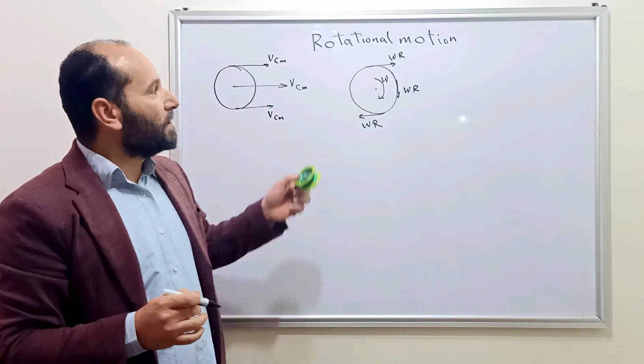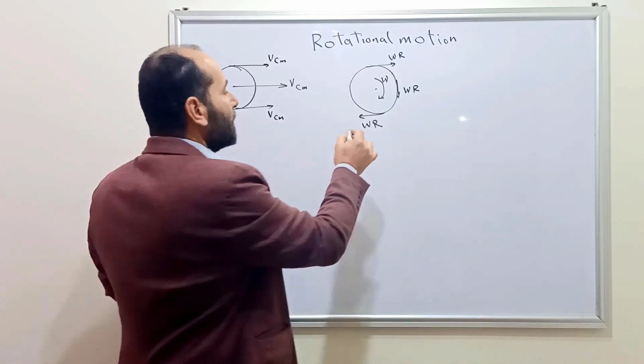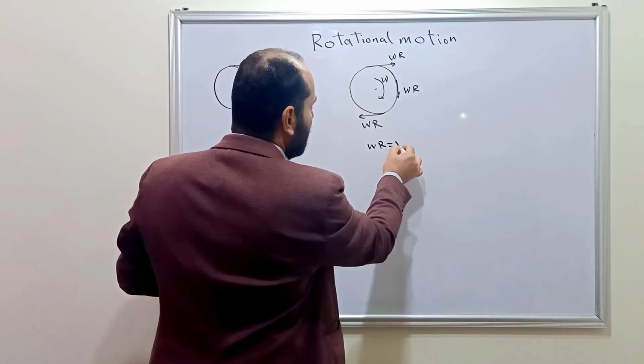If this body rotates purely, omega r equals v.